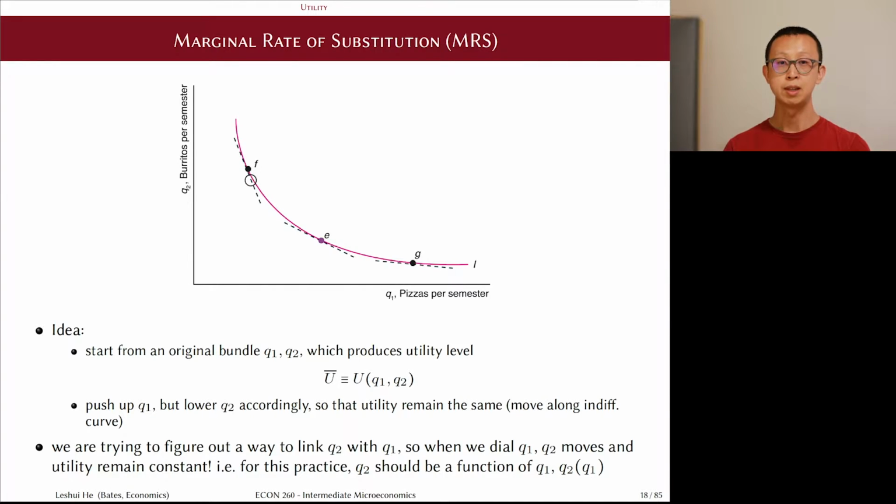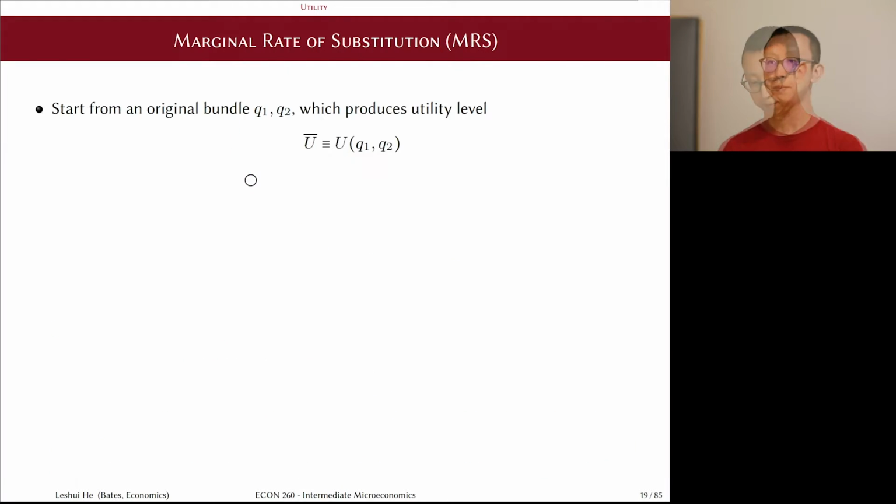Another way to put this is we're just trying to tweak Q1 and Q2. And we're trying to figure out how Q2 can drop by the appropriate amount such that when we dial up Q1, U will remain constant at U bar. Now please keep that idea in your mind, and we'll look at the math now.